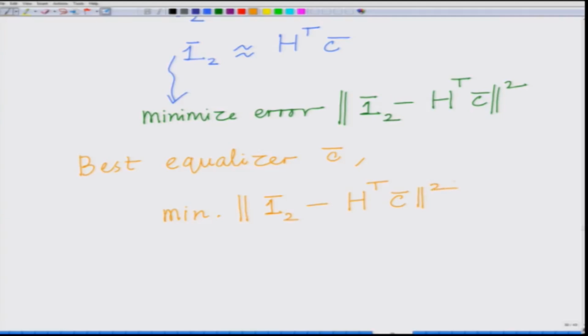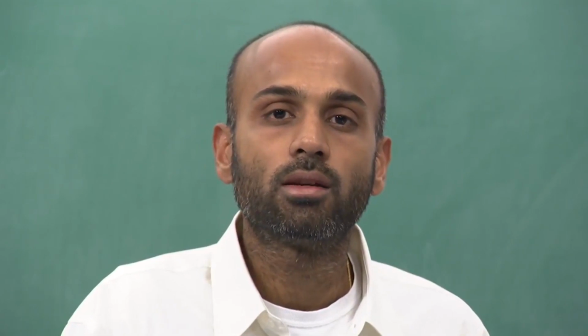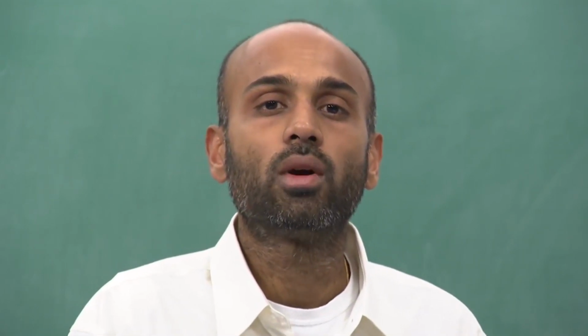That is, the best equalizer C bar is such that H transpose C bar is as close to this vector 0 0 1 0 as possible. So, we are considering that C bar which has the least error, that is which minimizes the error 1 bar 2 minus H transpose C bar, and that is the least square solution.